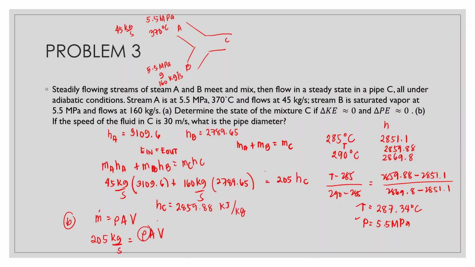Or pwede rin natin gamitin, 'di ba ang density ay equivalent sa inverse of specific volume, 'di ba? So, ang pwede natin gawin is m dot specific volume is equal to AV. Okay? So, ang m dot natin is 205 kilogram per second times, yung density, binaba ko.